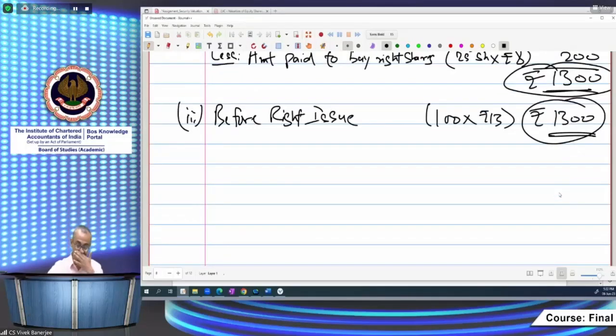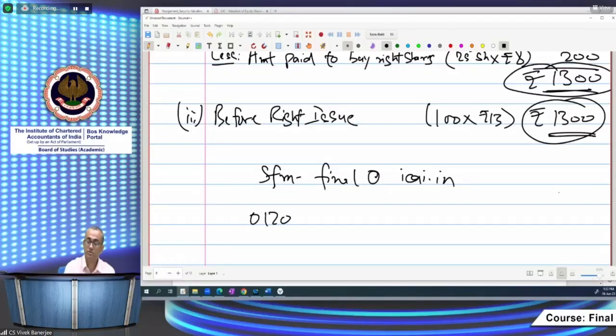As always, in the PPT also I have shared the email ID, that is sfm-final at icai.in, and the phone number I have also shared, 0120 that is 3045 and 956. So just try to solve this question again on your own. If you find difficulty in any of this aspect, if you want further clarification in any of these things, then you can clear it during my doubt clearing session.